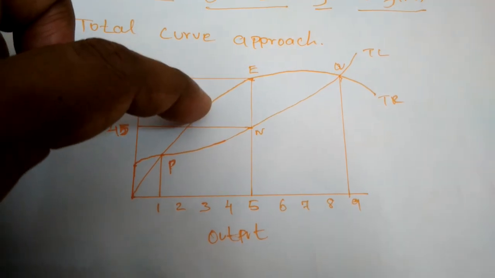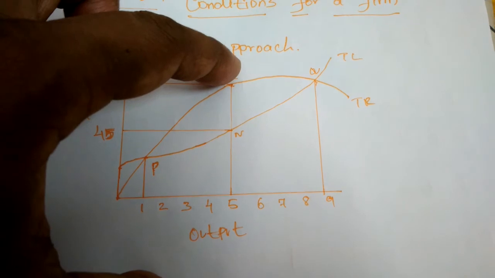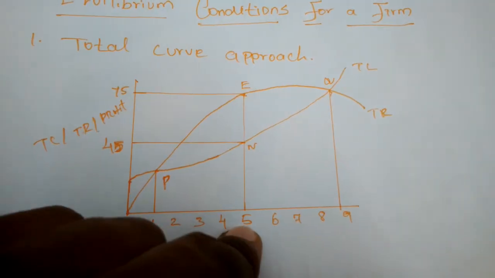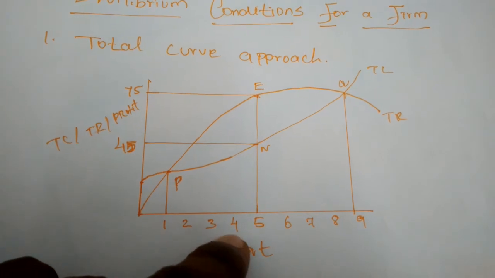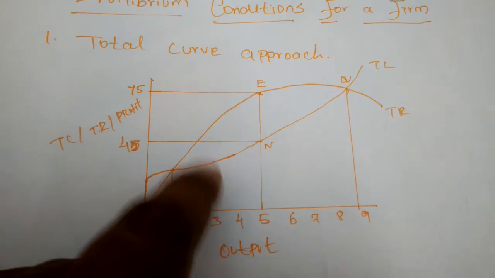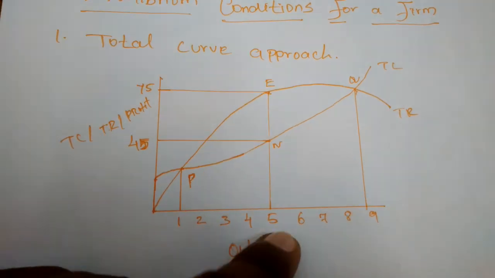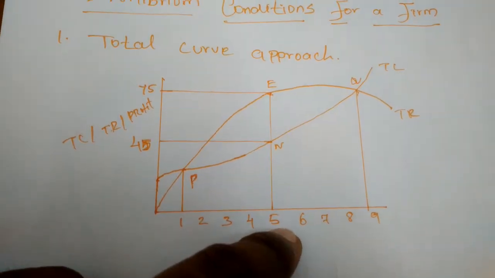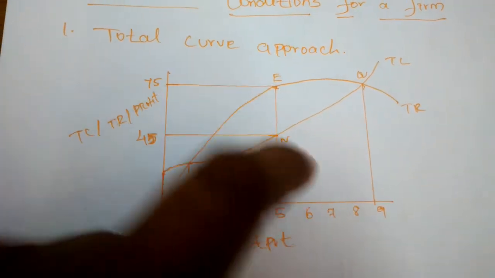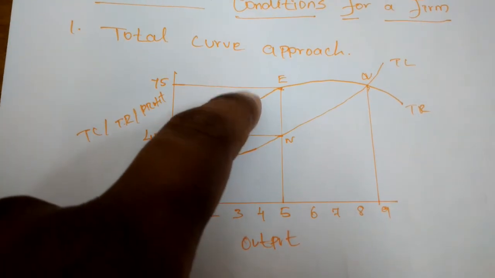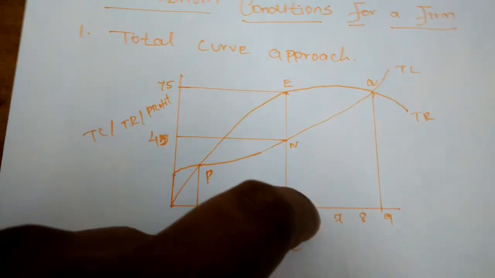But the maximum profit is at the point E, when he reaches 5 units. In units 2 to 4 also he will be in profit. But at unit 5, he will be earning more profit because the gap between the TC and TR is largest at the point N to E.